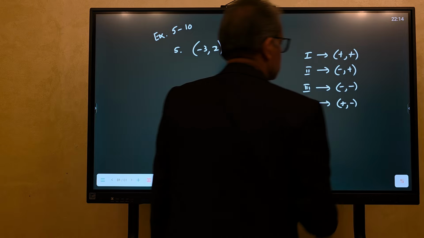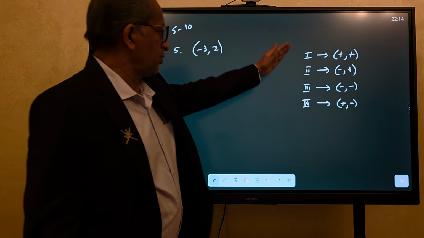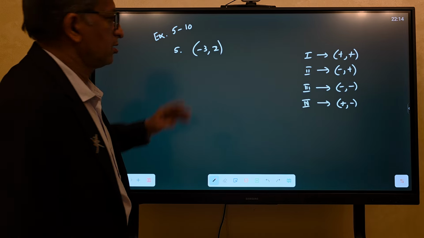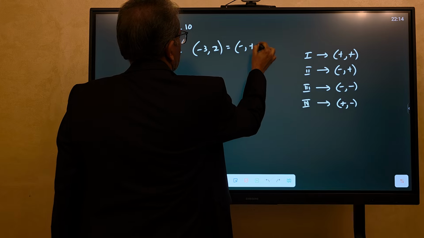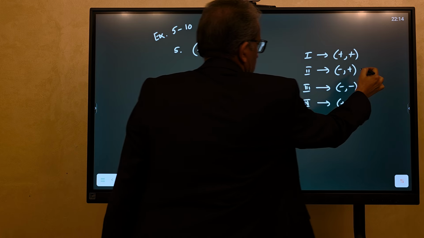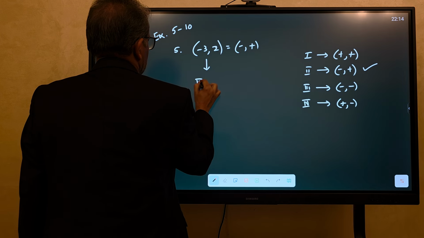These are the rules you should remember. So based on this, you have to answer. This is actually minus and plus, so this point is in the second quadrant.